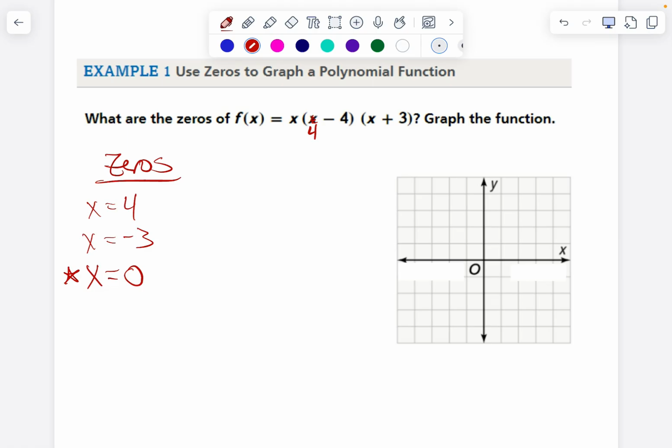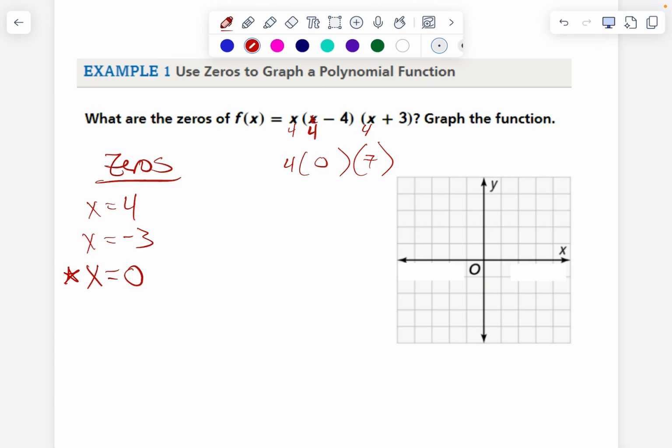Why? Yeah, because this would end up being 4 and then times 0 times 7, right? If I plug 4 for each of these x's, so 4 out front, and then 4 minus 4 is 0, 4 plus 3 is 7. It makes the whole thing 0.